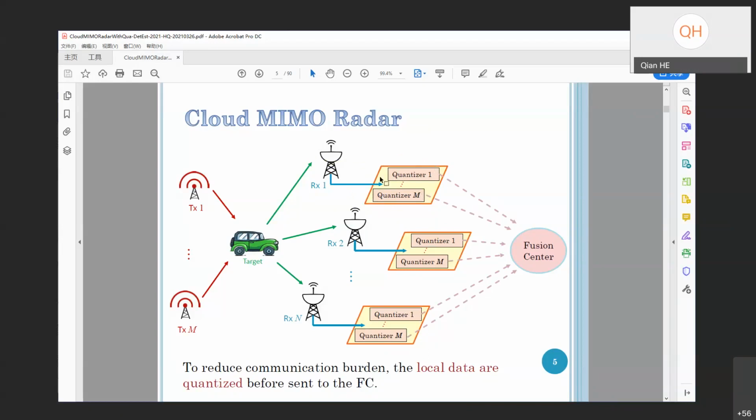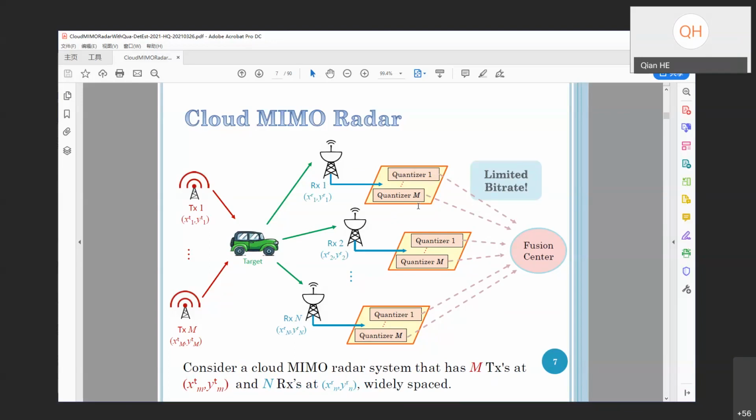We're going to talk about how you should pick your quantizer, and how you could design your parameters to ensure the overall performance at an affordable cost. For example, the bit rate for each local sensor is limited. This is one of the most important constraints we're going to consider in our later analysis.